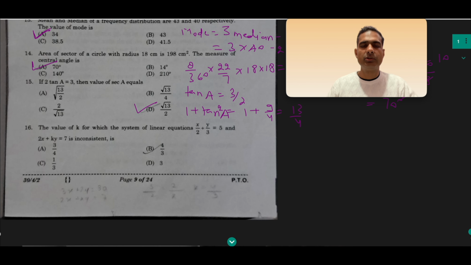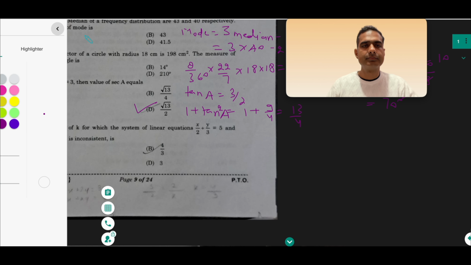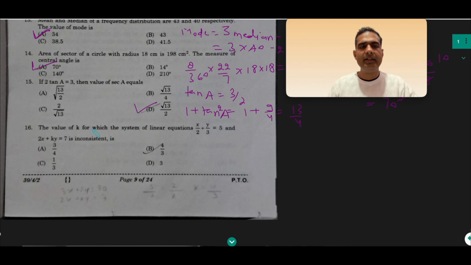Now moving to question number 16. The value of k for which the system of linear equations is inconsistent. The equations are x by 2 plus y by 3 is equal to 5 and 2x plus ky is equal to 7.